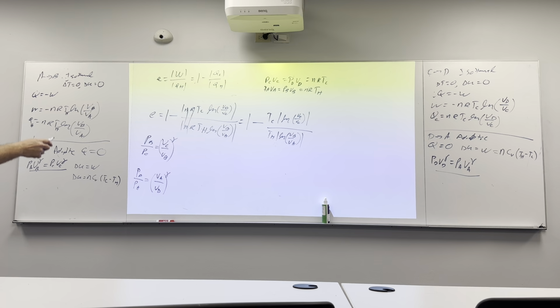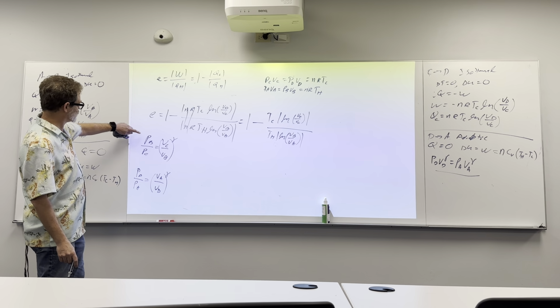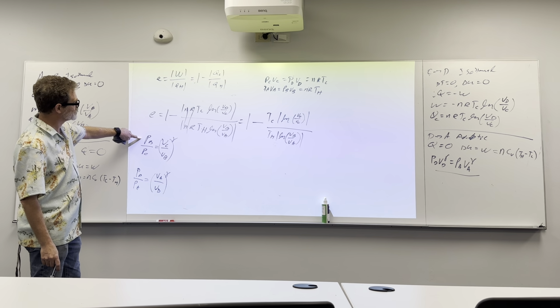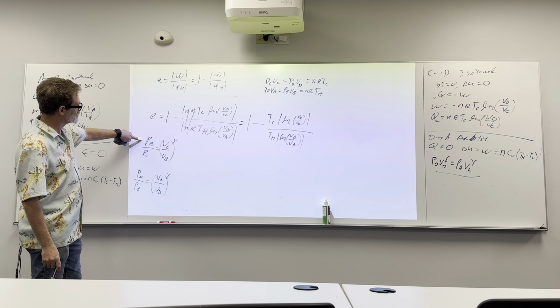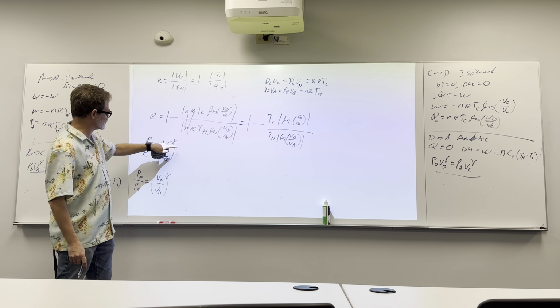Okay. So I need a VB over a VA. So we got that and that. I'm trying to remember how to do the algebra. Sorry, I gotta remember. Gamma's 5/3, right?